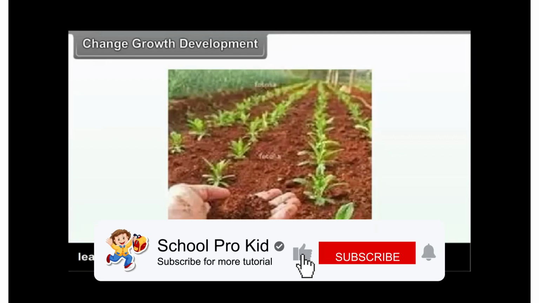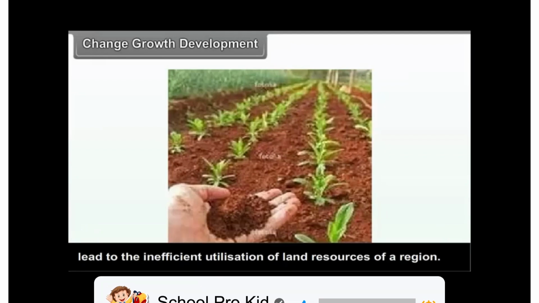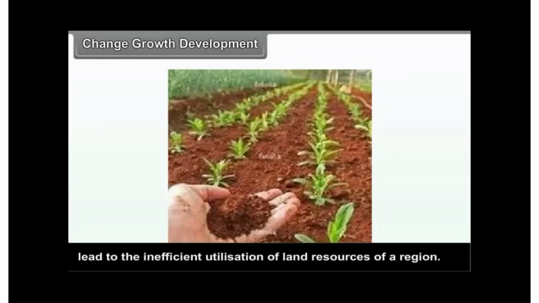The rugged topography limits the availability of the land for agriculture. Poor soil and low rainfall causes underutilization of the land resources. Besides this, the vagaries of monsoon rainfall lead to uncertainty in the level of agricultural production.